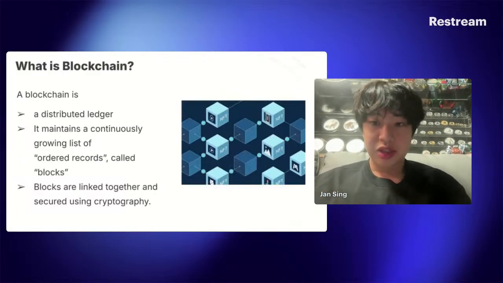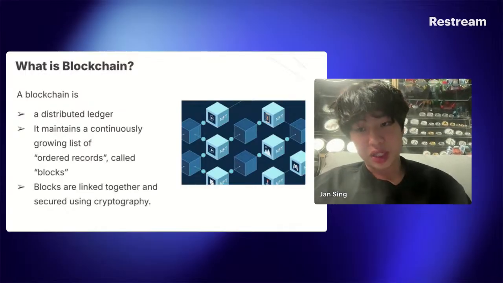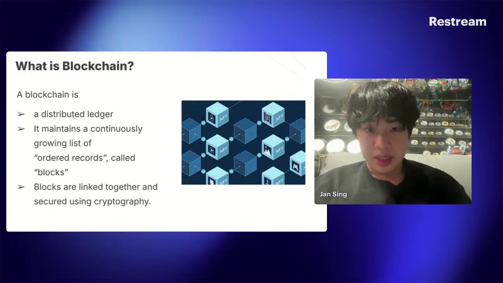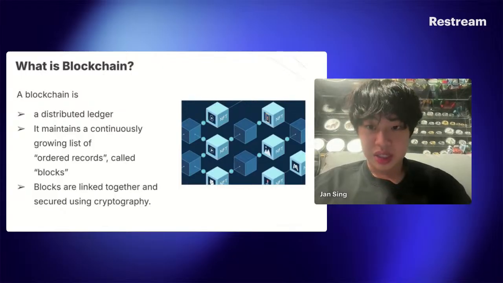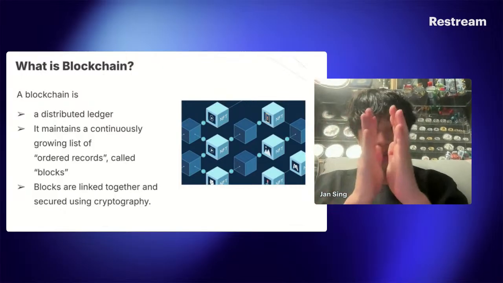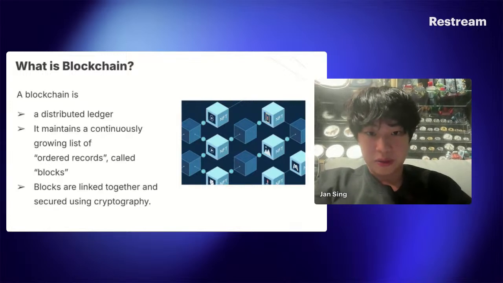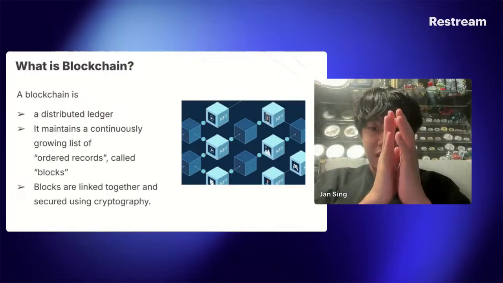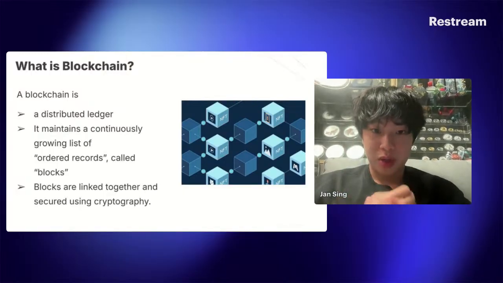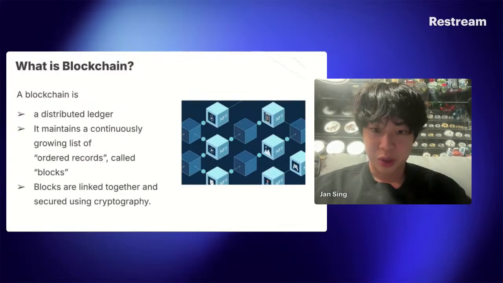Next, moving on to what is blockchain. Blockchain is basically a distributed ledger that maintains a continuously growing list of records known as blocks. That's what we mentioned just now. If you're interested in cryptography, which I know quite a few members of the Locked In community are, the blocks are linked together and secured using cryptography, which is basically another extension of math, a lot of code.